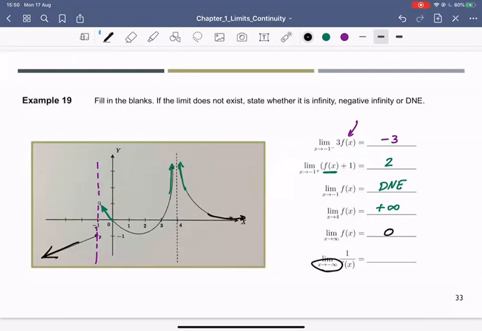And then you can see that the limit of f(x) when x goes to negative infinity is negative infinity from the picture. That means if you do 1 over f, this is 0 because it's 1 over infinity, right? 1 over something big is just 0. All right. Any questions on looking at the limits from the graph?